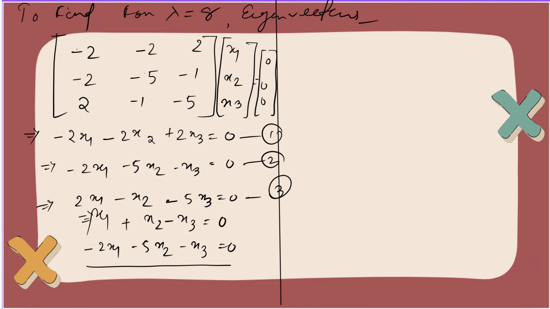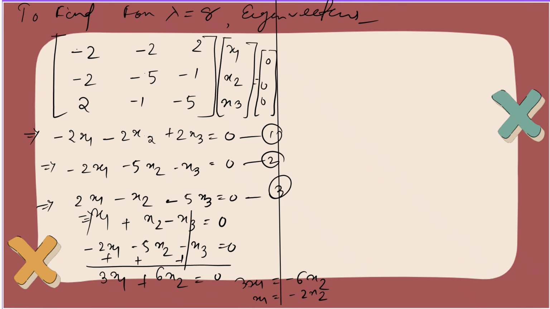When we subtract this equation from this equation, what happened? Let's see. We get 3x1 plus 6x2 equal to 0. So 3x1 is equal to minus 6x2. So x1 value is what? Minus 2x2.